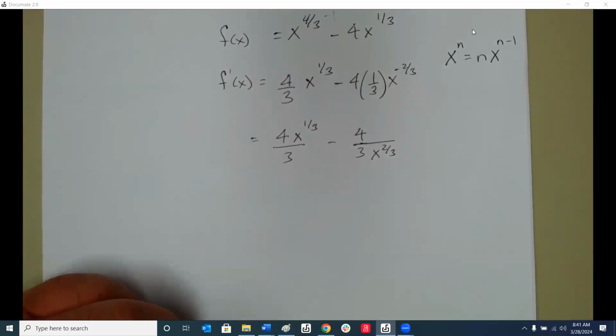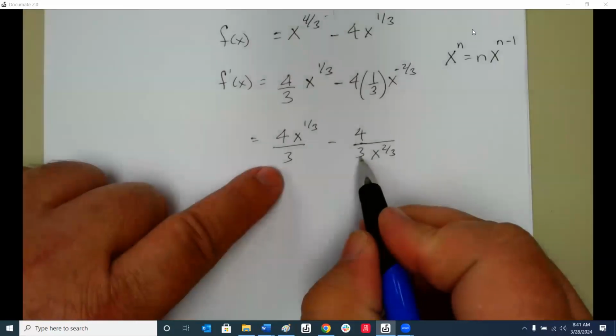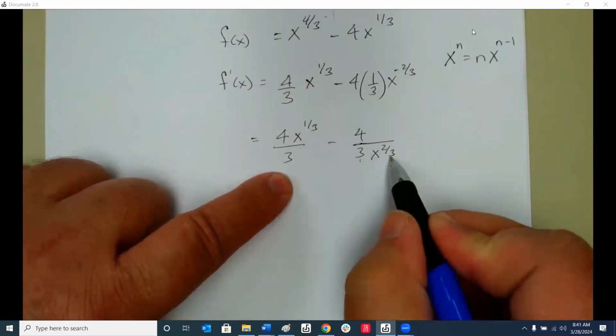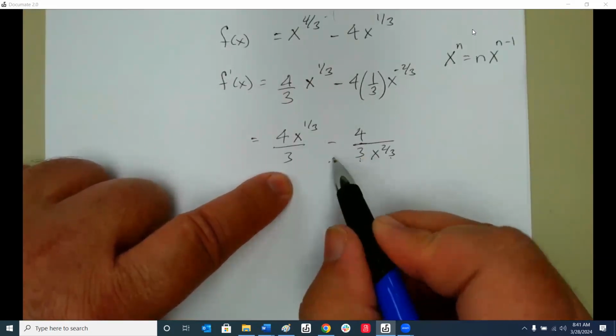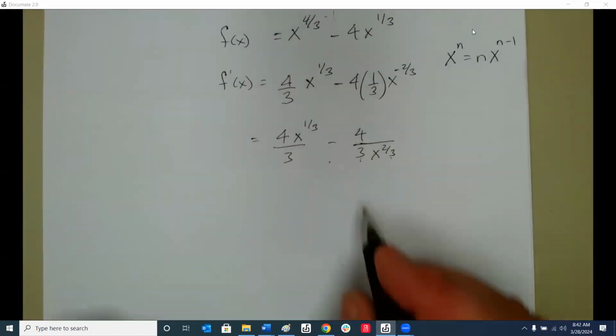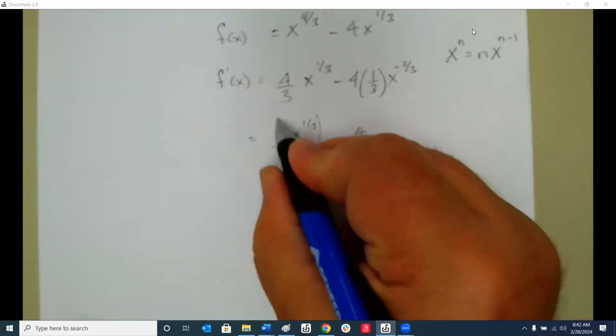What do you have to do to combine them? You have to have a common denominator. They both have a 3. This one has an x to the 2/3, so this one needs an x to the 2/3. If you do the cross multiplication, you'll end up with the same thing. You just see what's missing.